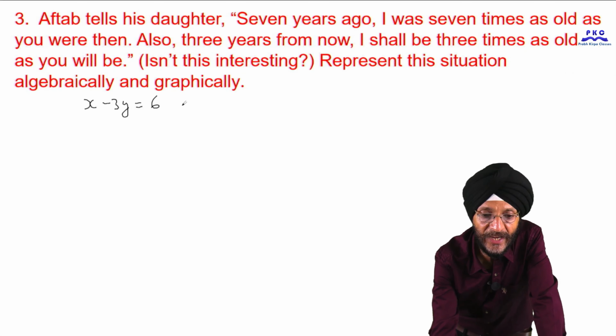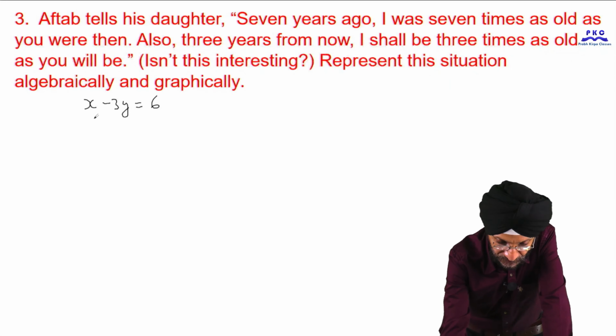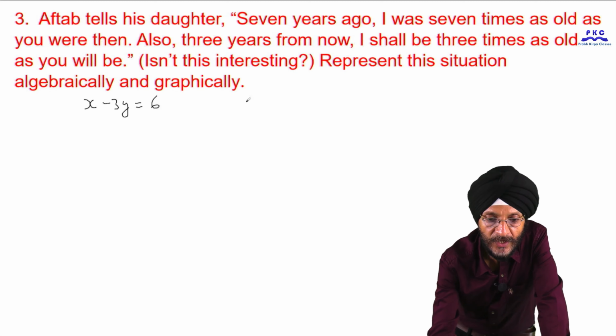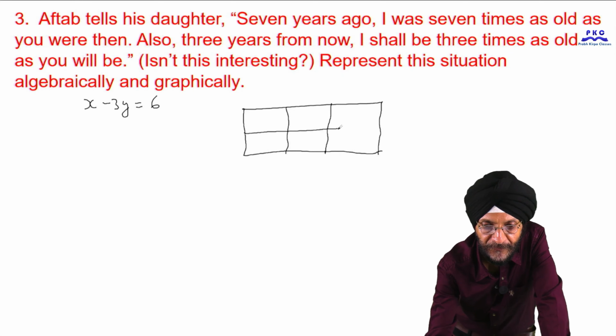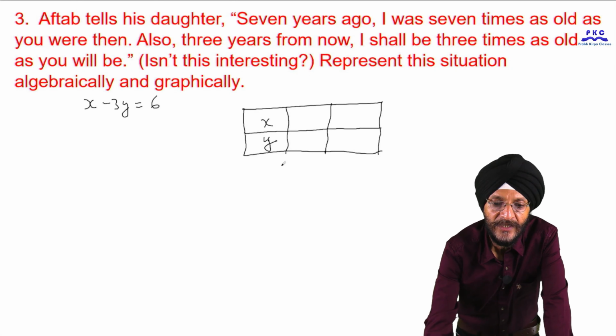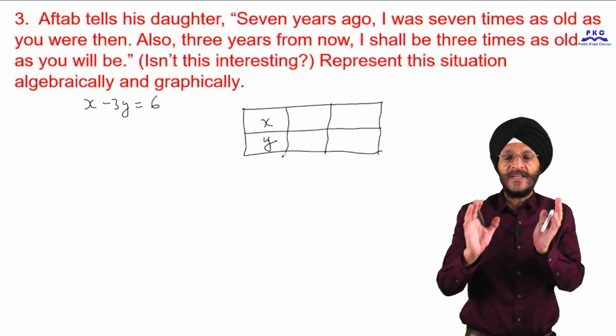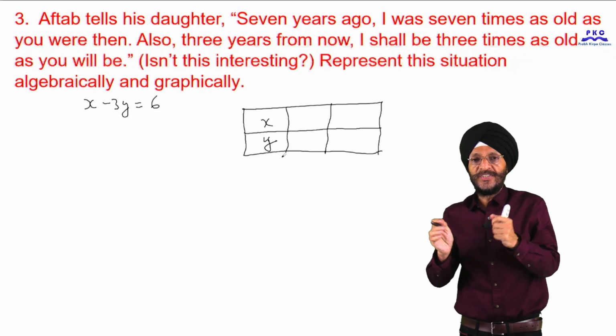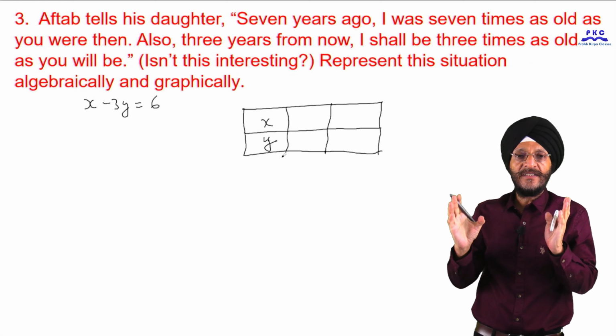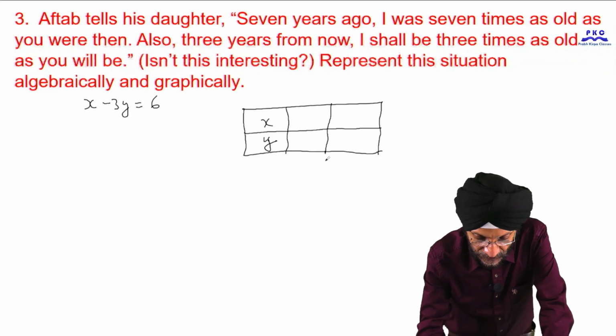Now we will again have to assume the values of x and y. Here we form the table. If you form the table in the exam, the examiner who checks your answer sheets will understand that you know the concept fully.